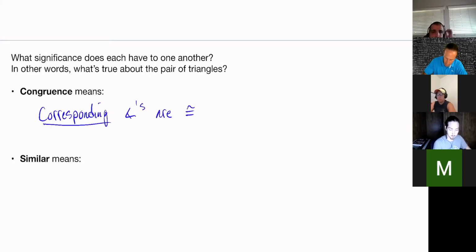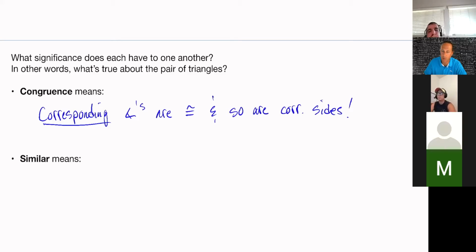Good. But similarity, and notice I put corresponding, that's key.